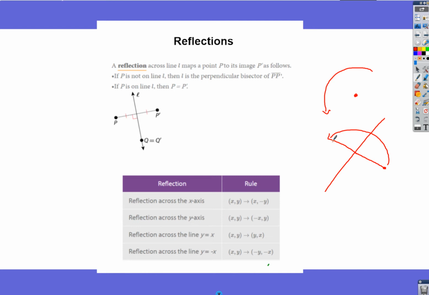The good news is on these, we're only going to have to learn these 4 axes of reflection. We're not going to do anything else. For the point of rotation, yeah, it could have been anywhere on a plane. But I also gave you a little bit of help when I said, if you had to pick the most important point of rotation, what's the most important one for you to know?